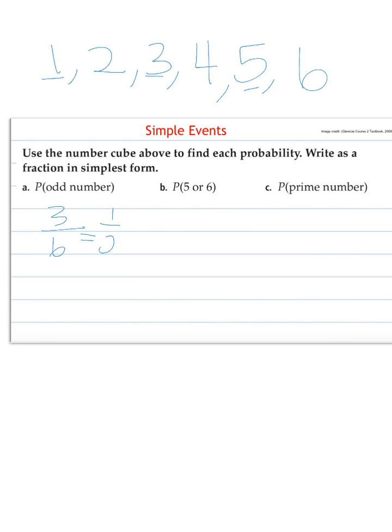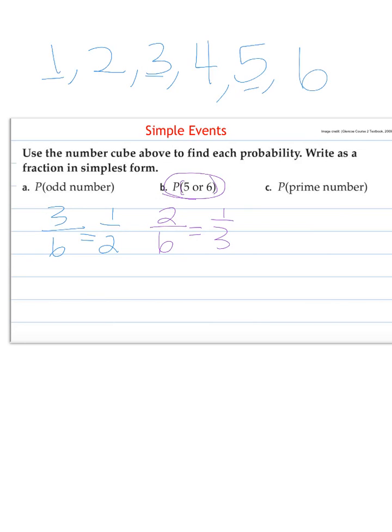In simplest form, 1/2. Next one, the way that we read this, that P means probability, and then we say probability of whatever's in the parentheses. So the probability of rolling a 5 or a 6. Well, that's only 2 options out of 6 possible, which simplifies to 1/3.